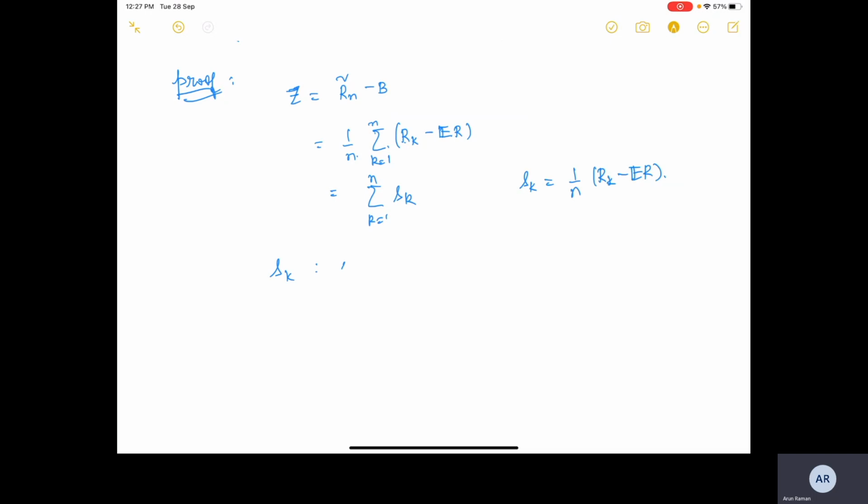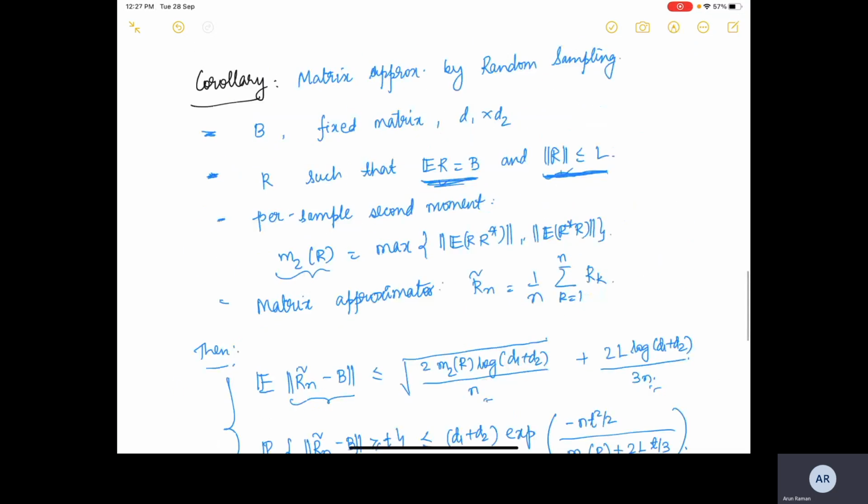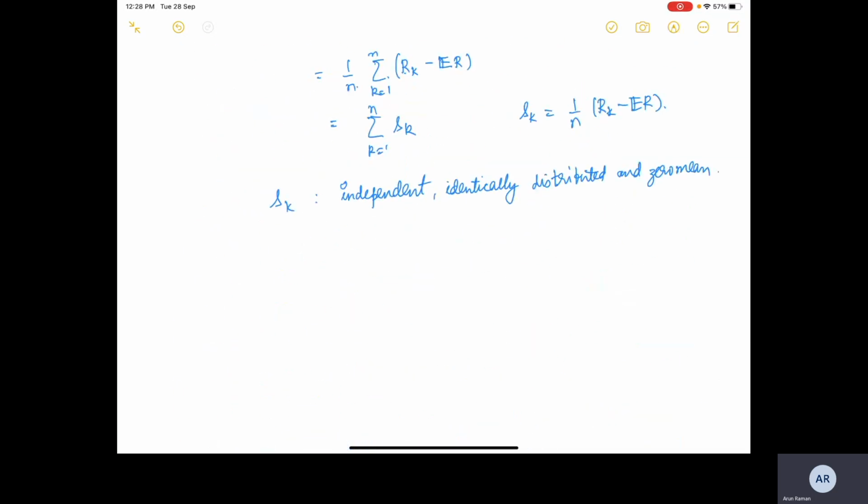So the Sks are independent, identically distributed, and zero mean. Independent by design, because we pick the Rks IID, and zero mean because of the expected value of R; we had this in the assumption, and by construction the zero mean assumption is satisfied.